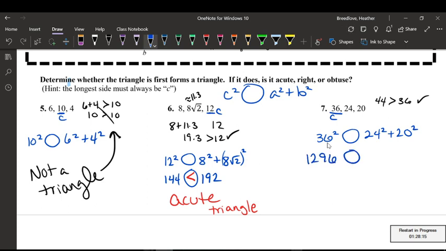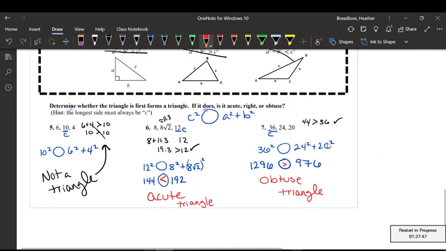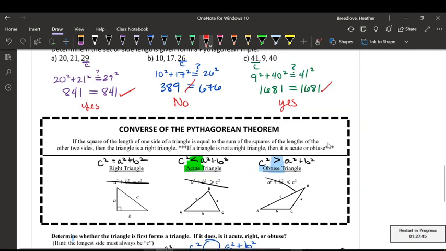And then 24 squared plus 20 squared is 976. 1296 is larger than 976. So this will make an obtuse triangle. And if they were equal, it would be like what we did above. Those are right triangles.